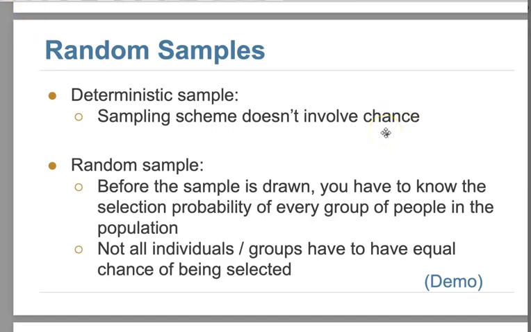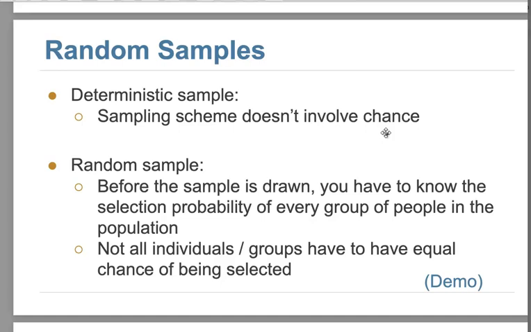What does that mean? Like I said earlier, from all the DVC students, I want to choose 10 students. Then I only choose from our data science class. That doesn't involve chance.